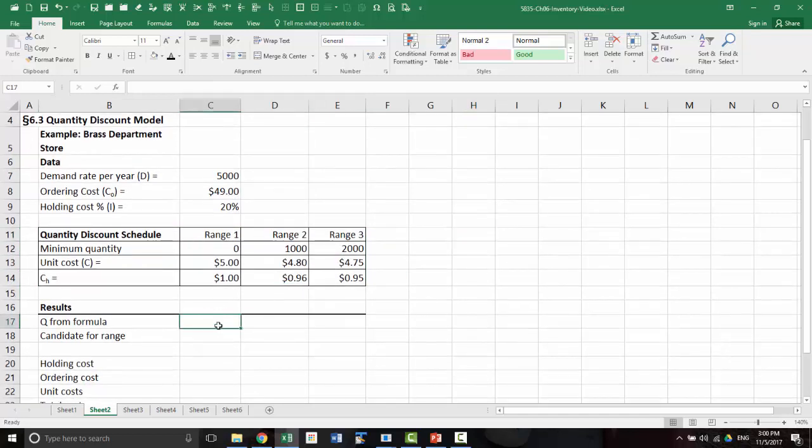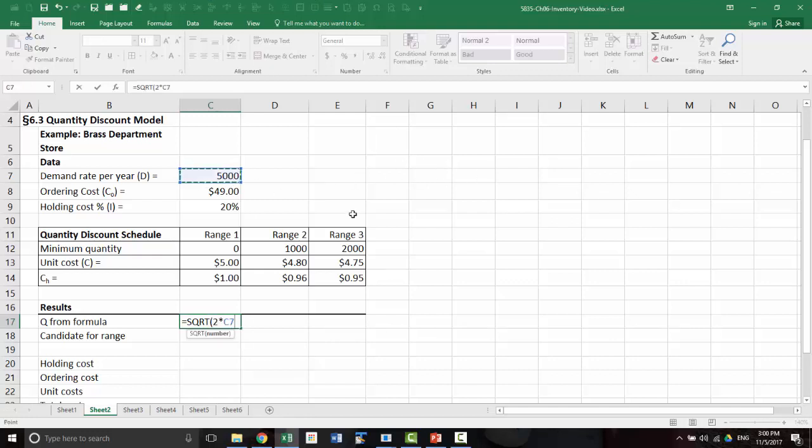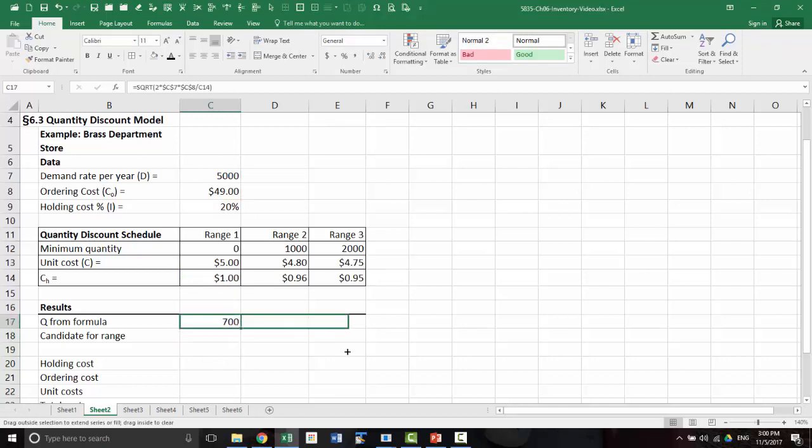Now let's find the square root of 2 times demand, which should be absolute referenced, times C sub O, which must also be absolute, divided by C sub H, which should be relative.